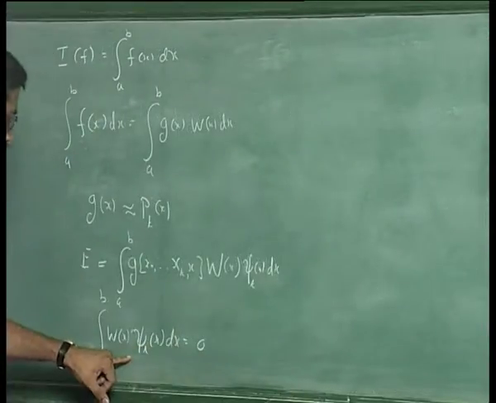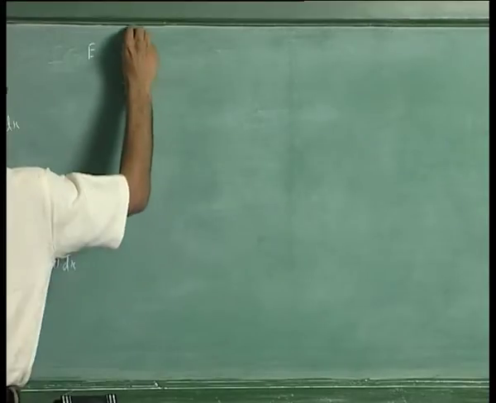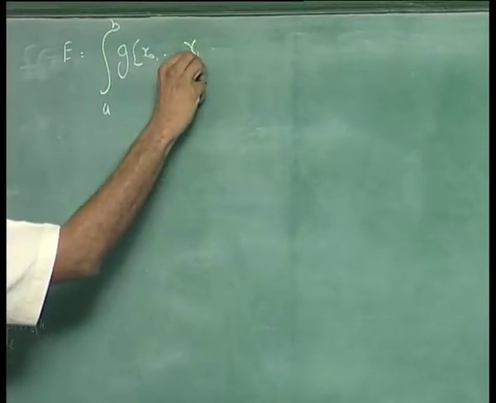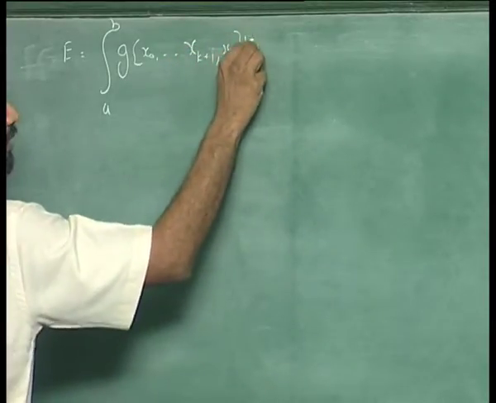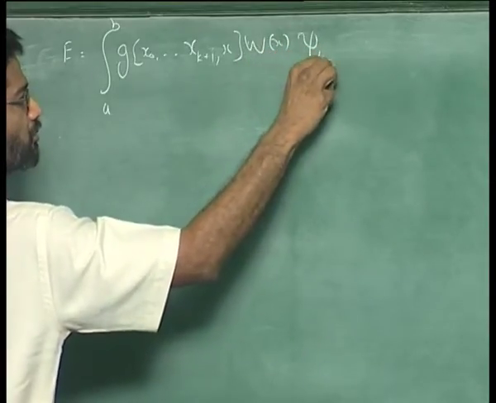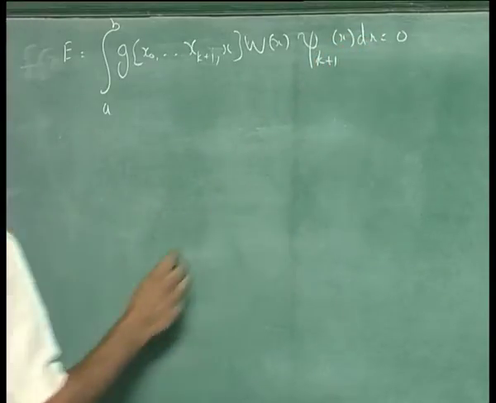So, from here we will continue and then write the error as the integral from a to b of g[x0, ..., x_{k+1}, x] w of x psi_{k+1} of x dx equal to 0.